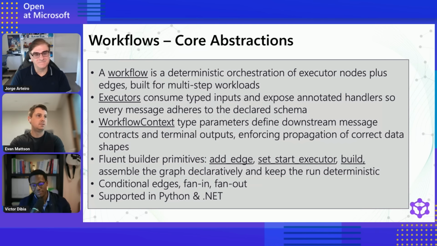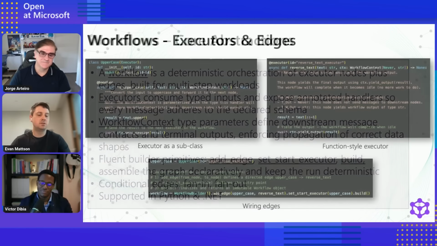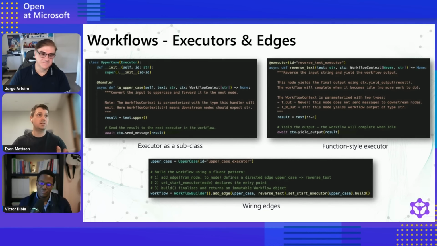Yes. So let's continue from these core abstractions and actually look at what an executor and an edge look like in Python. As you can see on the screen, the uppercase is a subclass of an executor. So this is something you write, you bring your business logic. This is your node, and you can have message handlers here, and you can see we're decorating the to uppercase method with a handler.